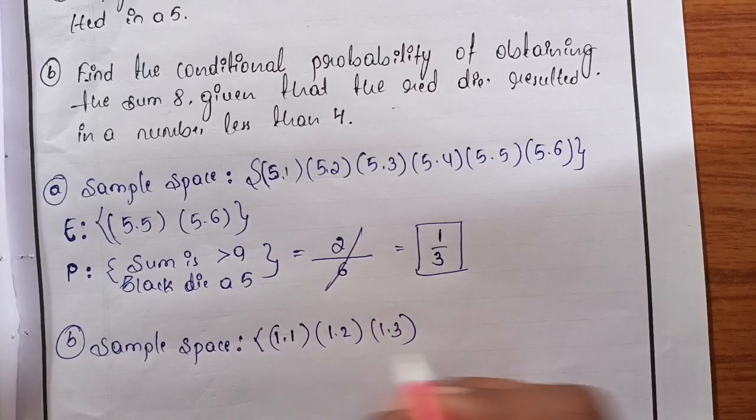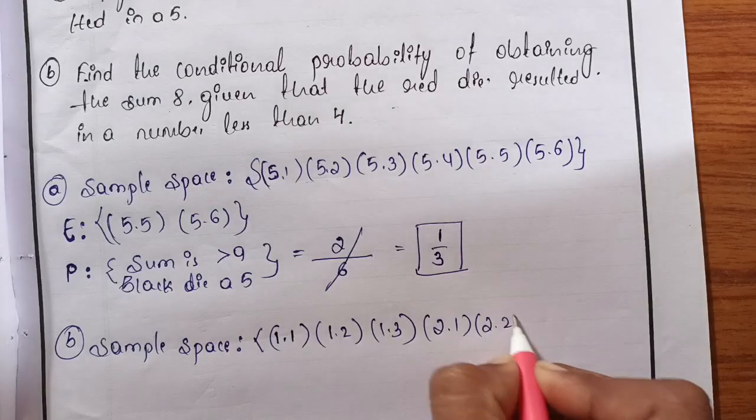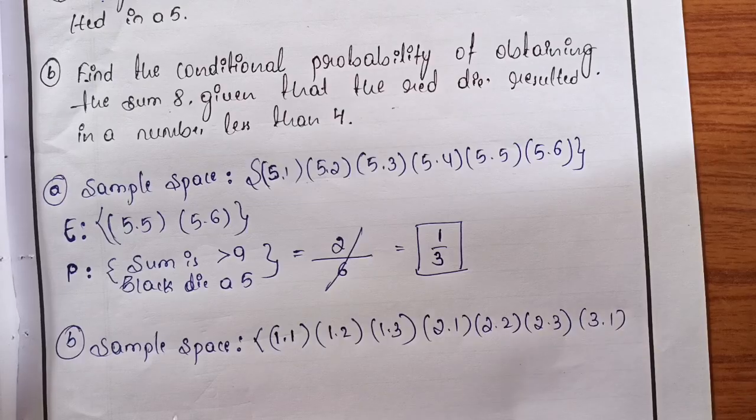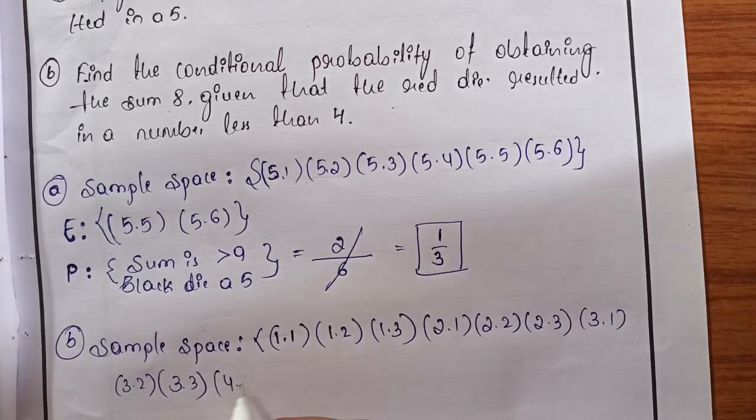The total sample space: 2 comma 1, 2 comma 2, 2 comma 3 and 3 comma 1, 3 comma 2, 3 comma 3 and 4 comma 1.